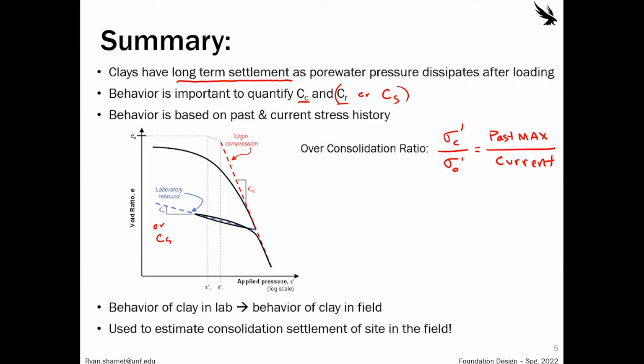So then there's two cases that we have. We have a normally consolidated soil. This is shown generally by just N.C. And this basically means that the current stress that it is feeling is the max stress.